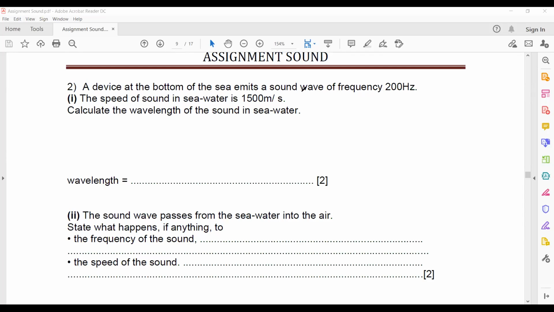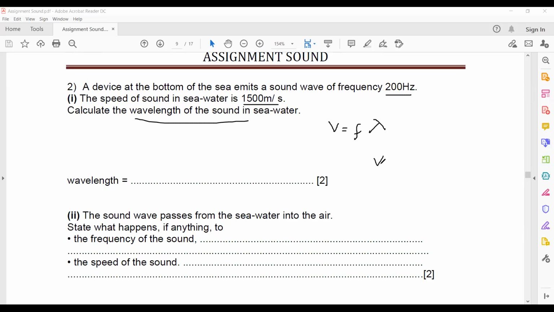A device at the bottom of a sea emits a sound of frequency 200 hertz. The speed of sound in sea water is 1500. Calculate the wavelength. So what will be the wavelength? The formula: speed is equal to frequency multiplied by wavelength.